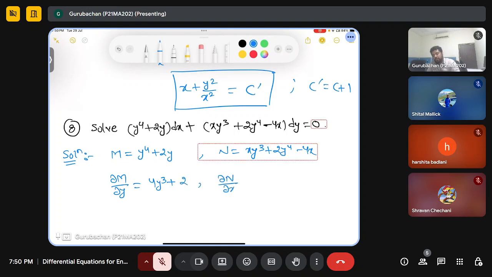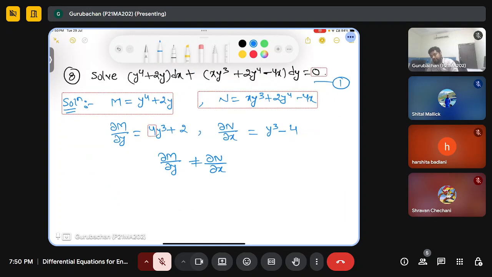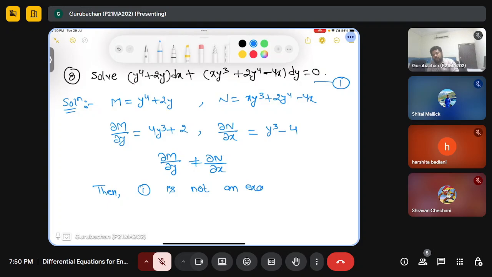Del N by del x is equal to y cube minus 4. Clearly, del M by del y is not equal to del N by del x. So this is not an exact differential equation.